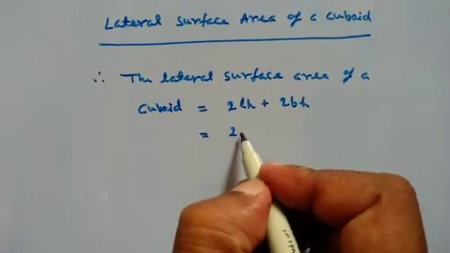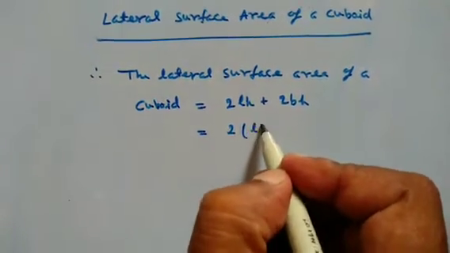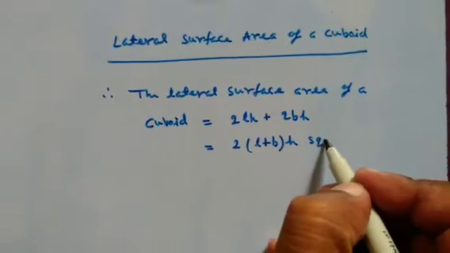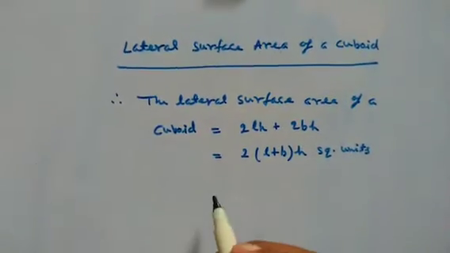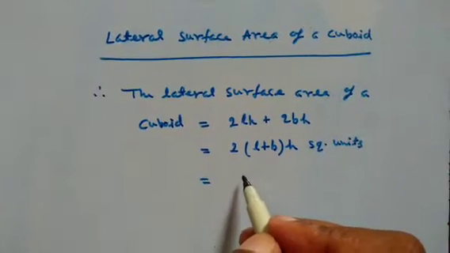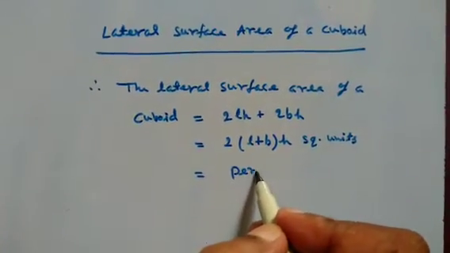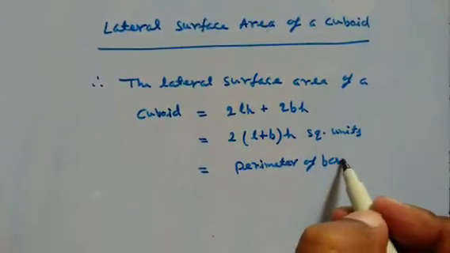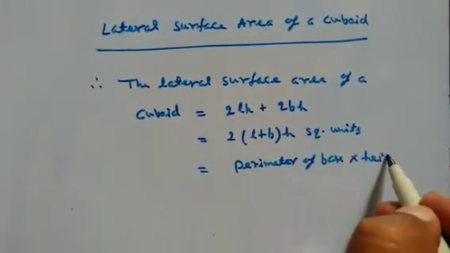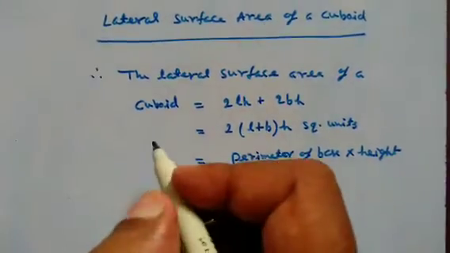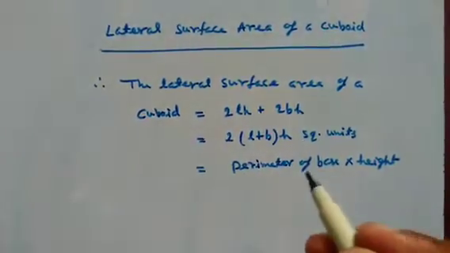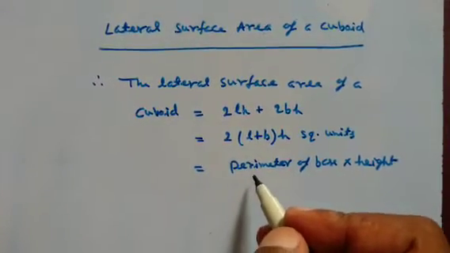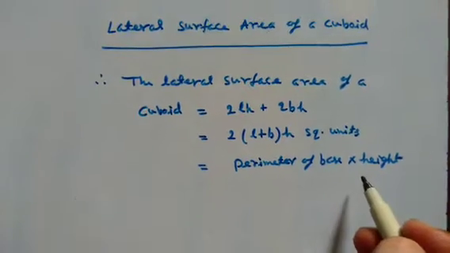We take 2 and H as common, so 2 into L plus B into H square units. It is also known as perimeter of base into height. So the lateral surface area of a cuboid is equal to 2 into L plus B into H square units, or perimeter of base into height.